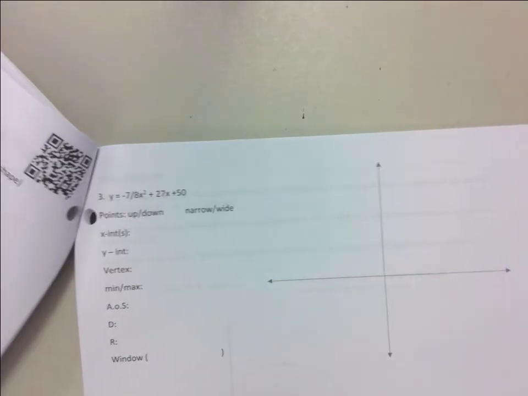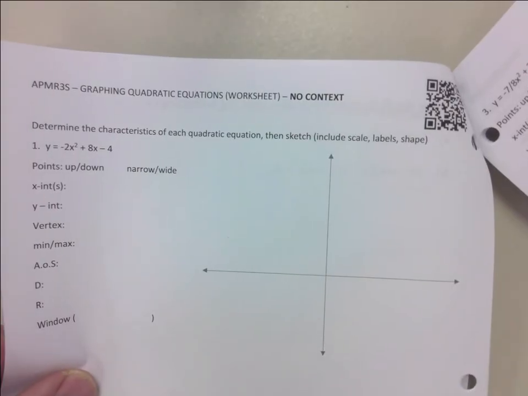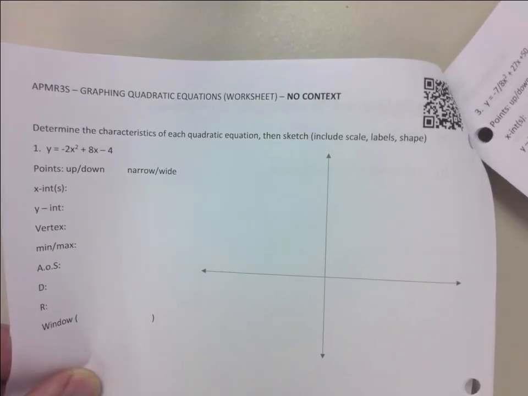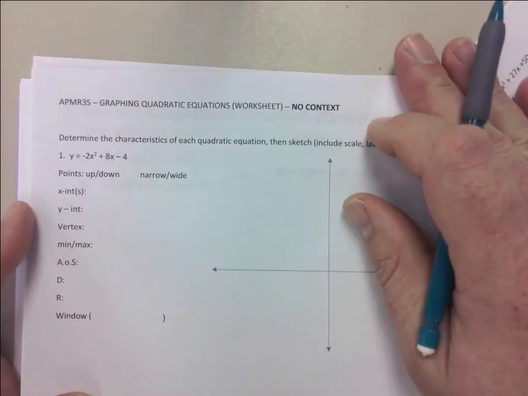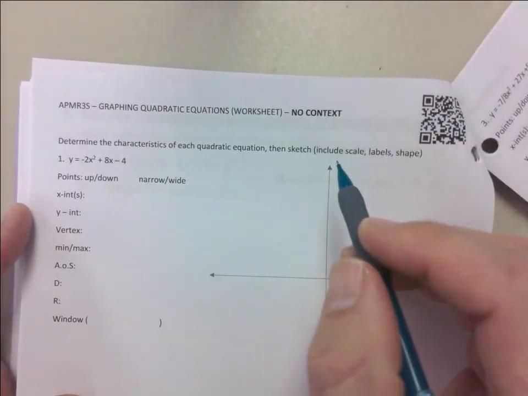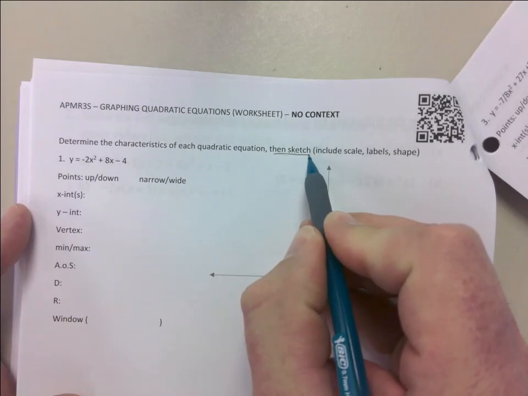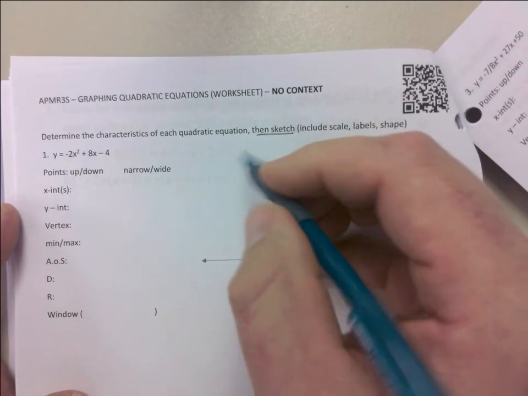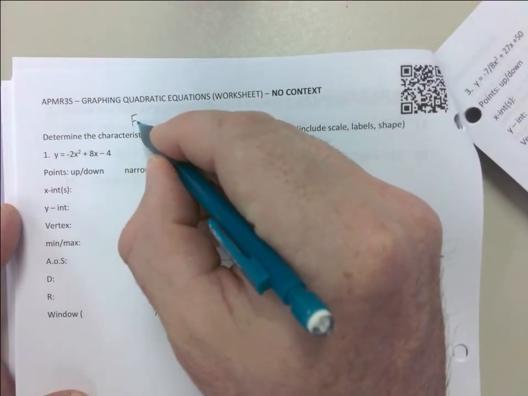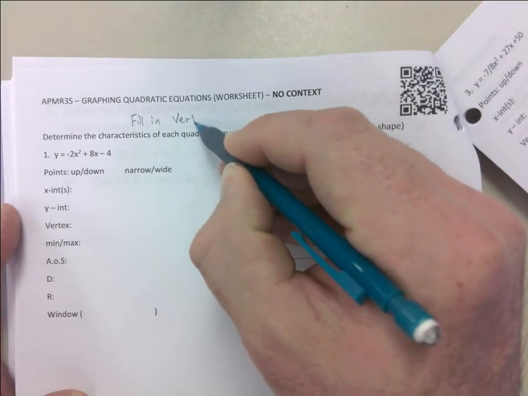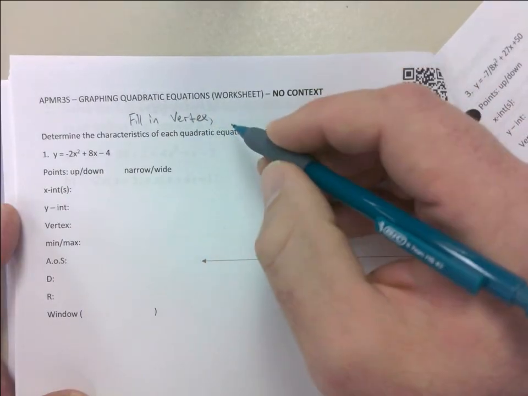Go to page 29. Page 29. I don't need you to sketch yet. Leave that for Monday. But I do want you to fill in vertex and all the intercepts.